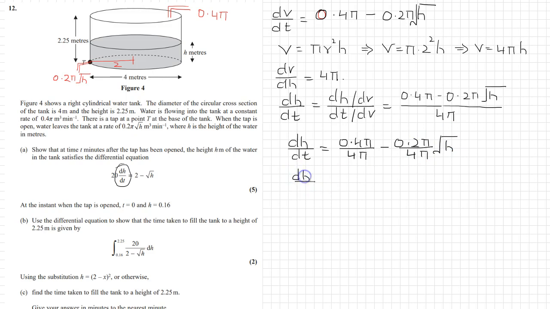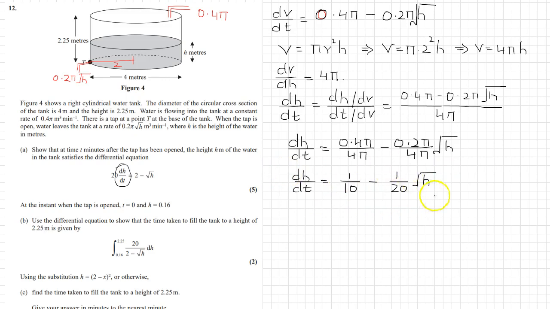So dh over dt will be, pi and pi cancel, this is 4 over 40, so this is 1 over 10, minus, this is 2 over 40, that is 1 over 20 root h.